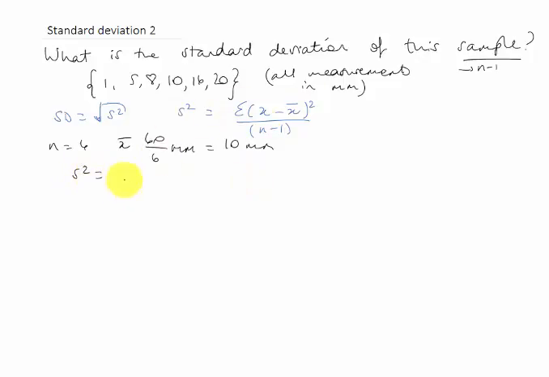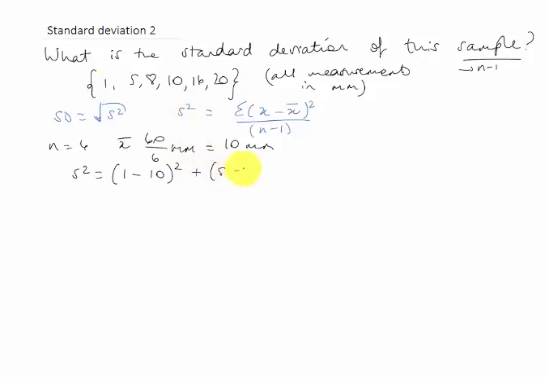So s squared is, so we're looking at the sum. For each value x, I need to do x minus the mean. So in this case, 1 minus 10 squared. That's for the 1. And then I do that for each individual measurement and make the sum.